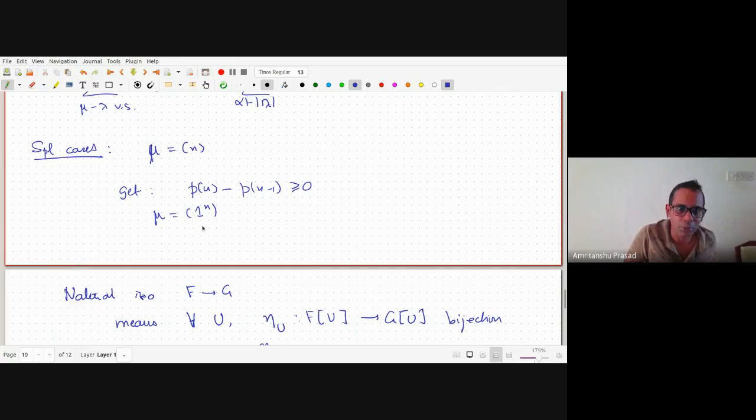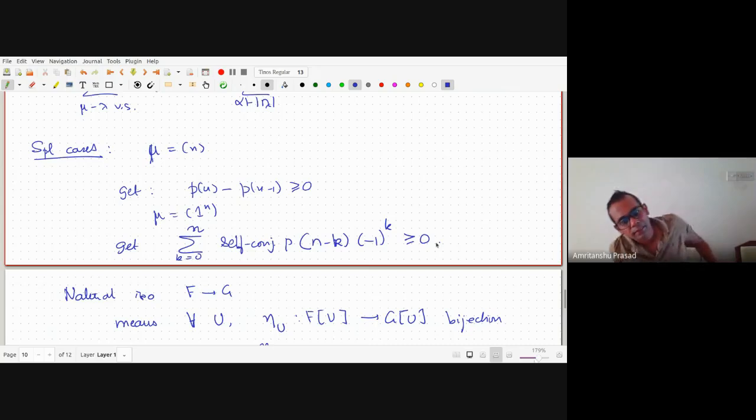If you take mu to be 1 to the n, then lambda can be 1 to the k for any k less than or equal to n. So what you get is the summation, k goes from 0 to n, of self-conjugate partitions of n minus k, times minus 1 raised to k.